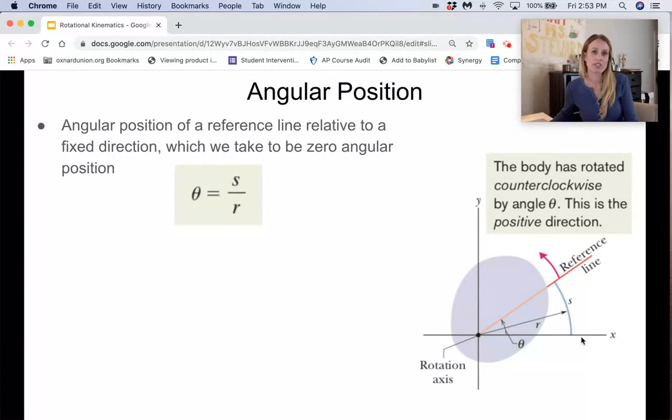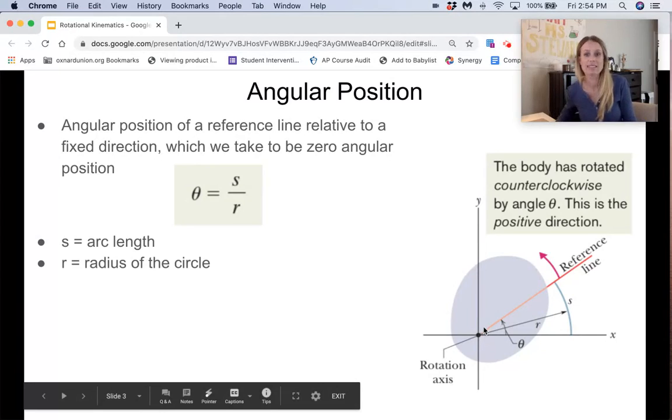So our angular position is denoted by that theta, which of course is an angle, and that's going to be equal to s over r, where s is our arc length and r is the radius of the circle. And that radius really will be dependent on which point along that reference line we're talking about.